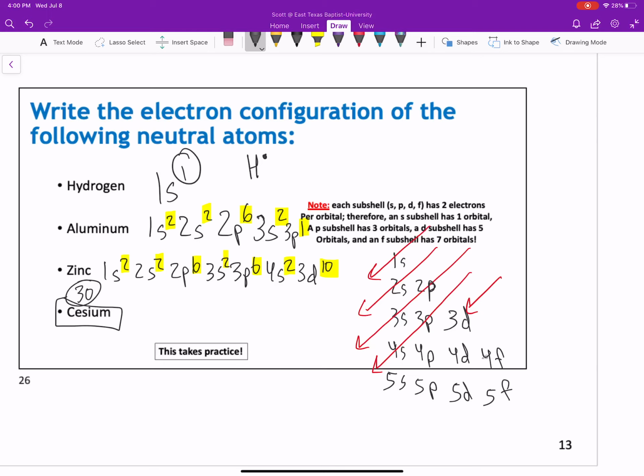Whenever you look at aluminum, you can tell that the 1 and the 2 shells are going to be buried beneath this third shell right there. So in aluminum, you can just circle the total number of electrons in the shell furthest from the nucleus, which in this case is 3. And so aluminum should have 3 valence electrons, 2 from the 3s orbital and 1 from the 3p.